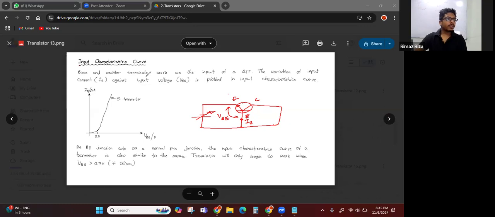Okay, so here usually what you do is while changing this VBE, by changing this voltage, you measure this IB current. So this is actually a PN junction. So therefore you will get a characteristic curve very similar to PN junction. Okay, so here if it's a silicon transistor, this is the shape that you will get, right?